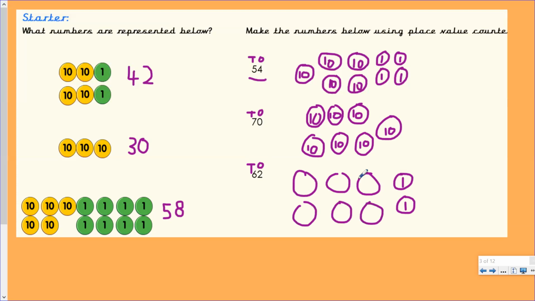Try to organize your counters as an array, so not to make a long row of counters. Try to organize them when you can. So my 6, I can organize them in 2 rows of 3. And then I need to write my 10 inside.